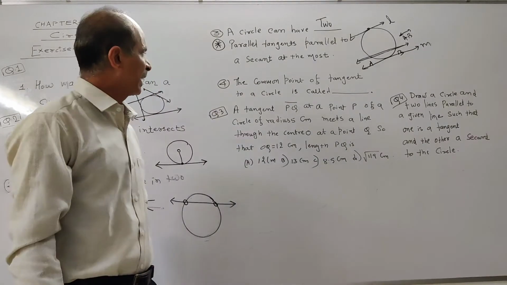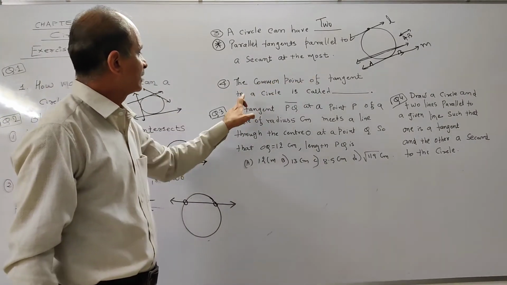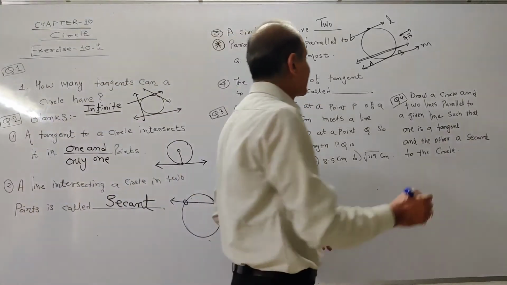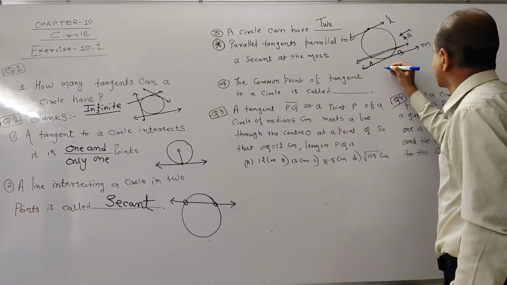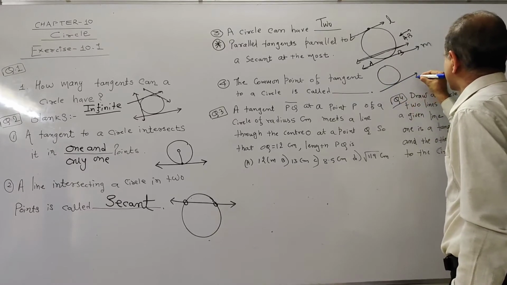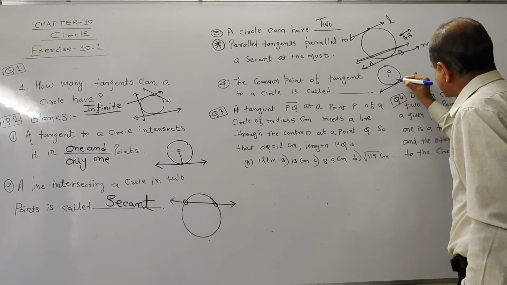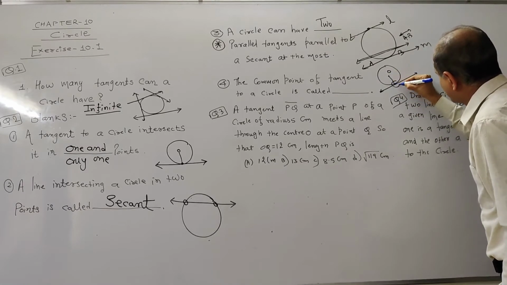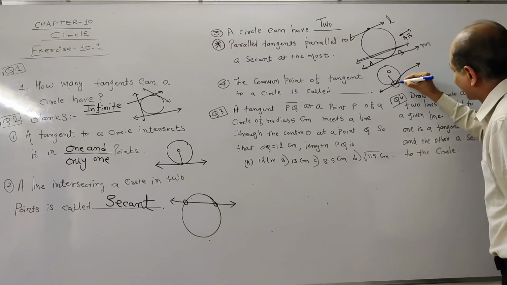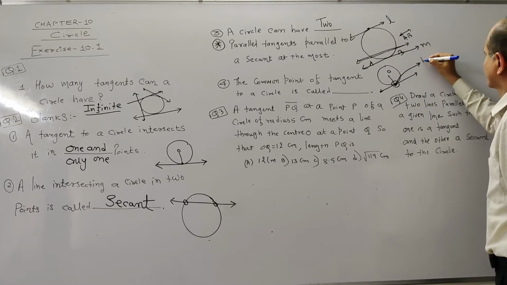Now blank number 4. The common point of a tangent to a circle is known as, well, we have discussed this in the last lecture. Suppose this is a circle with center O, and this is a tangent which intersects the circle at this point.